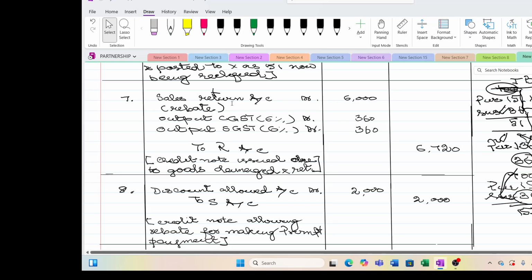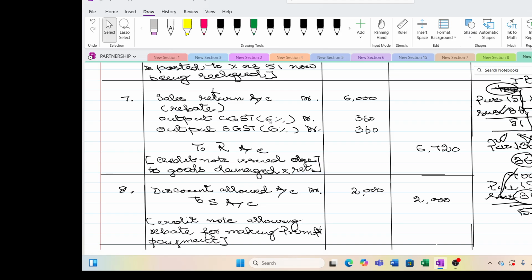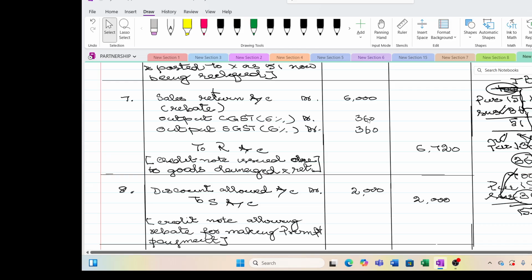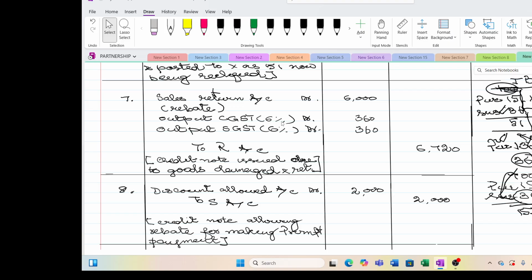Now, while booking the sales, Mr. Dutt would have credited the output CGST, because at that time he has collected this from the customer in order to remit to government. But the goods were not sold now, so he has to reverse the output CGST. It is no more his liability. Once he repairs the goods and sells them, then it becomes his liability.